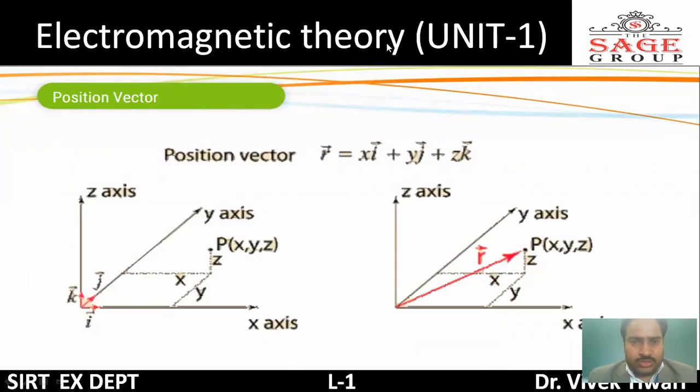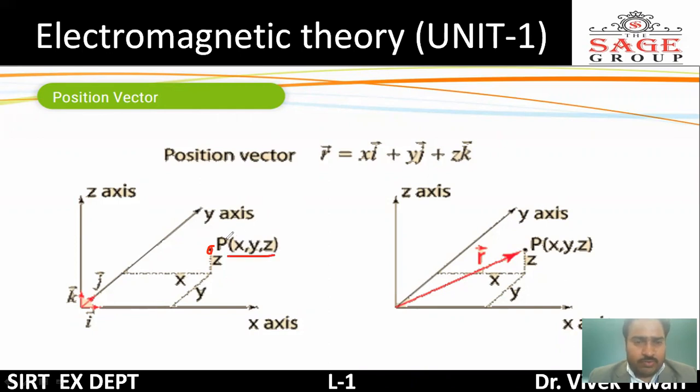Next one is the position vector. Position vector represents the position of any point in space. Suppose we have a point P, and its magnitudes in the x, y and z directions are given to us.